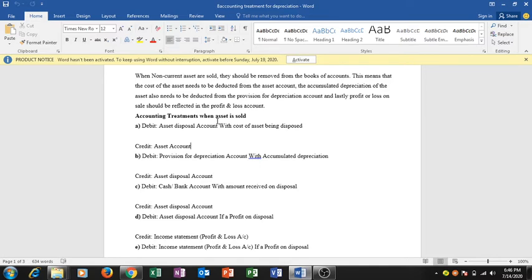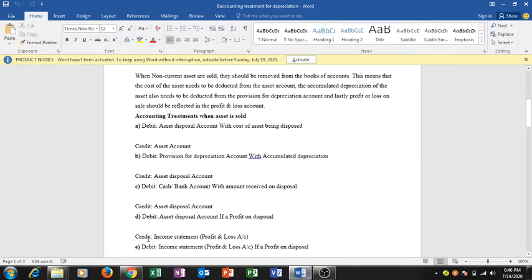If the asset is sold at 8,000, then it simply means that there is a profit realized on disposal, and that profit is 1,000. Because it had a net book value of 7,000, but we have managed to sell it at 8,000, there is that 1,000 which is a profit. That profit is actually a gain. That profit of 1,000 is supposed to be debited on the asset disposal account and credited in the income statement.